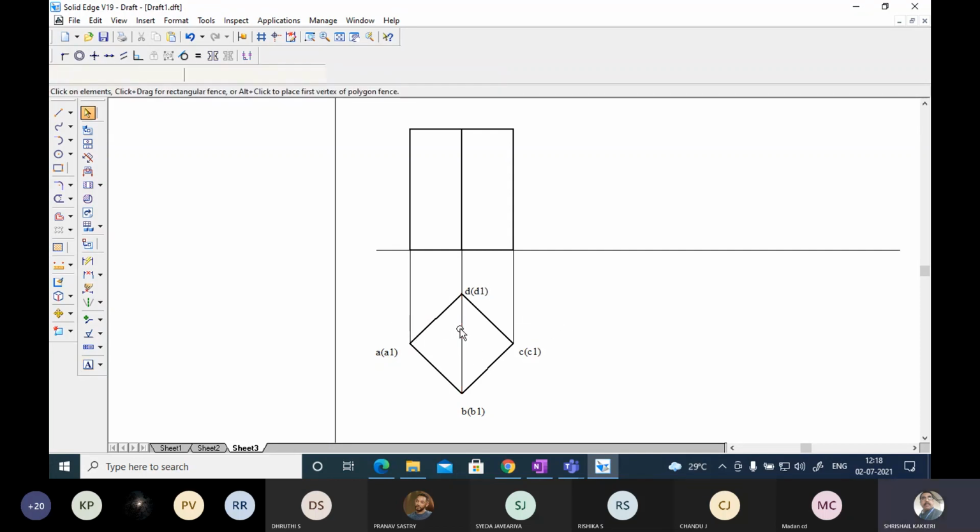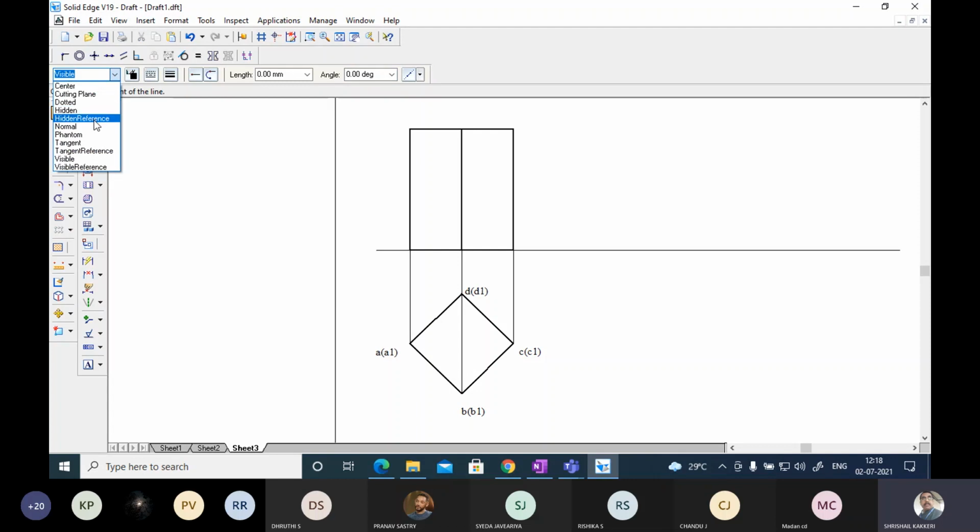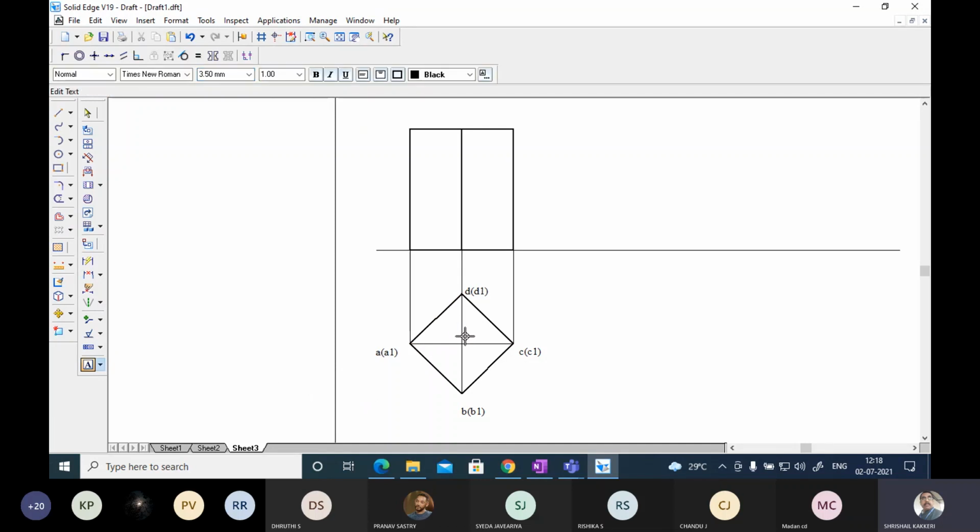Now you can see here already I have drawn the line. If you want, you can draw the other line also. Not visible, it is normal line to show the axis point. Now here you can write it is O in bracket O.